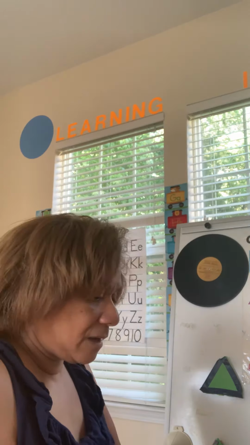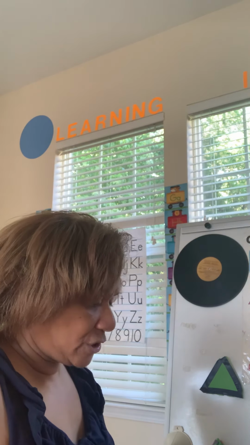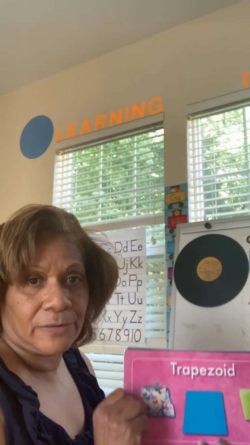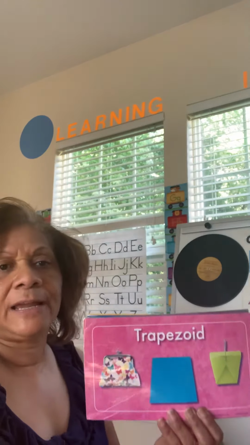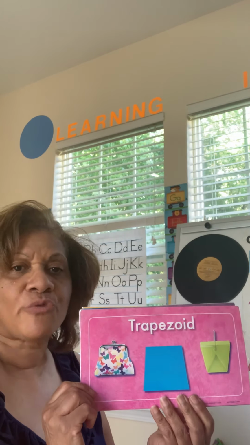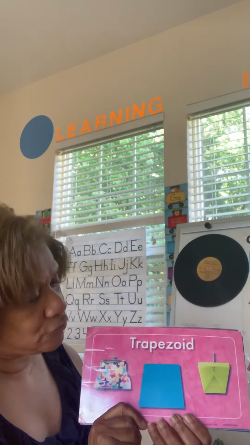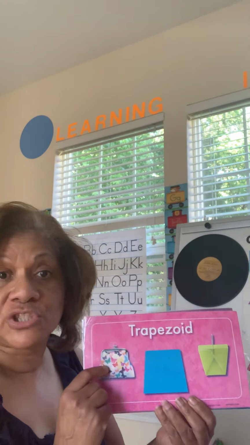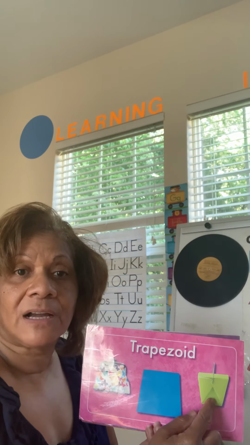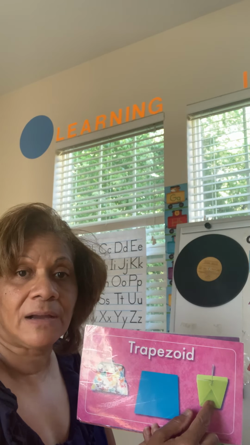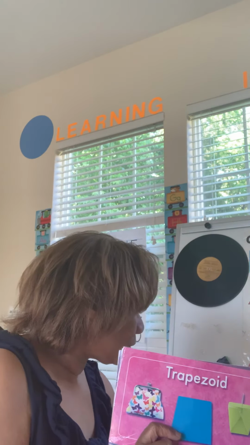Now let's talk about a few other shapes that I came across as I was going through my materials. This is a picture of a trapezoid. When we take a look at a trapezoid, we see a little change purse, the shape for the trapezoid, and a food carry-out container, which I happen to have one right here.